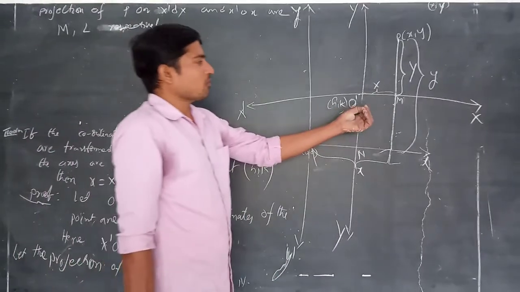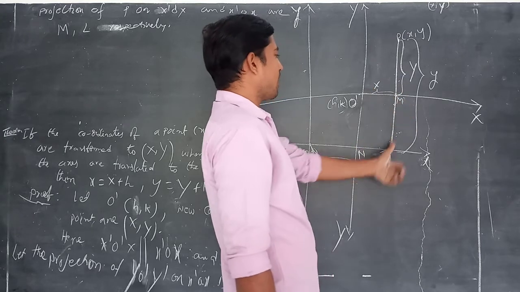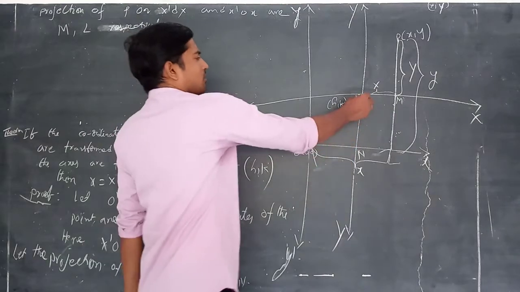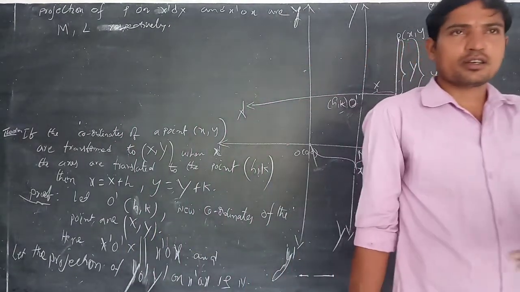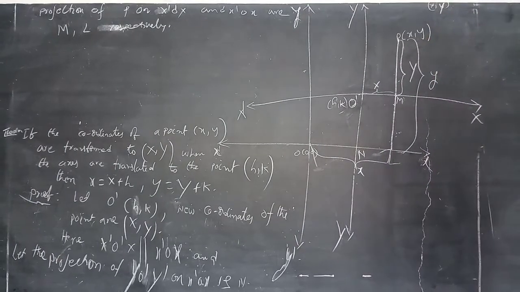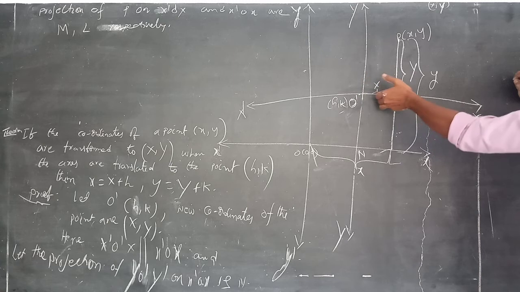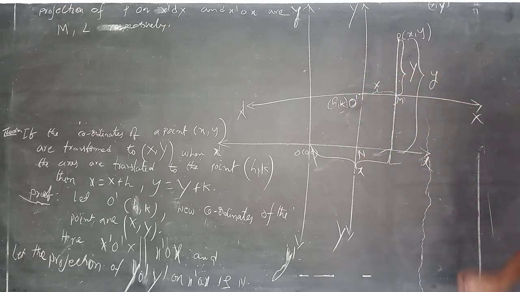Here we have to observe one thing, that is NLM O dash is a rectangle. When the rectangle forms, then opposite sides are equal. Meaning of that is NL equal to O dash M, at the same time O dash M is equal to MN.